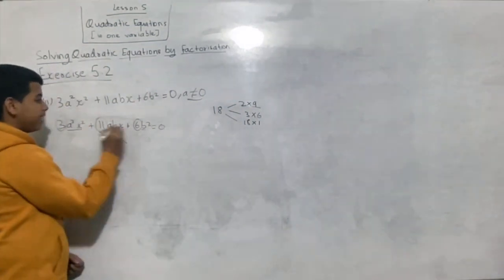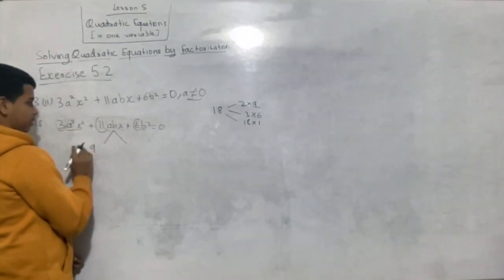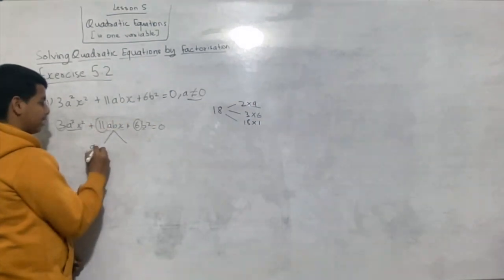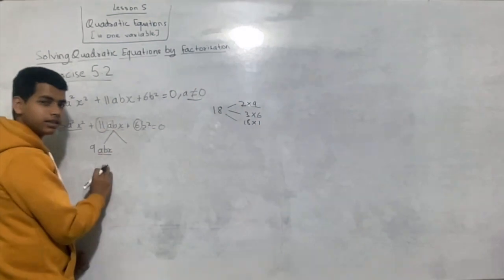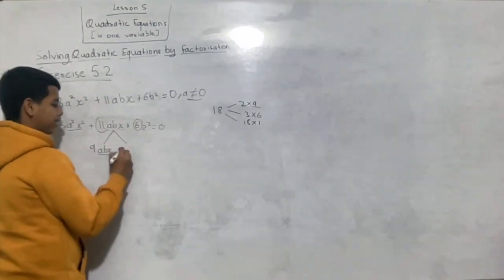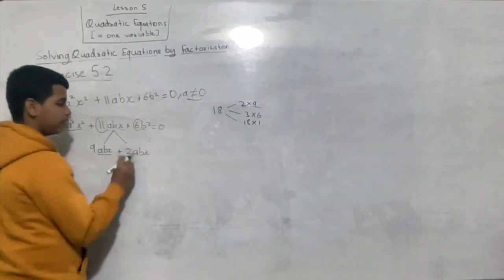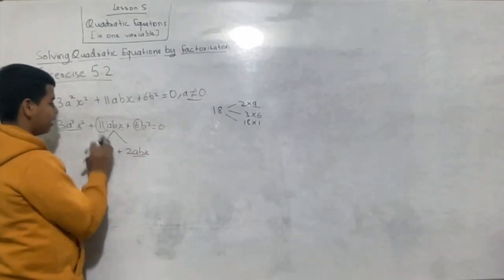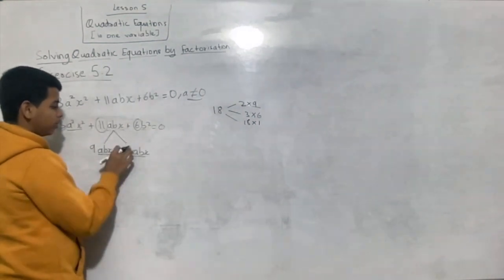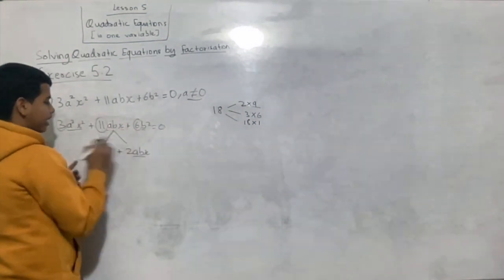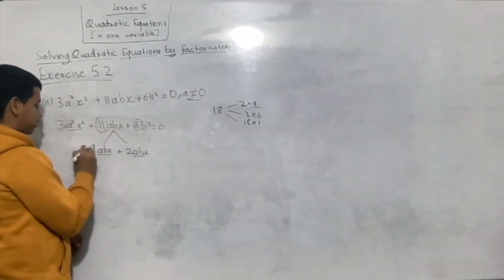So we can write 11abx as 9abx. Remember, this will stay the same because this is the variable. 9abx plus 2abx, which will give us, when we solve this, 11abx, and when we multiply 9 and 2 we get 18, which we get when we multiply 6 and 3. So we have split it successfully.